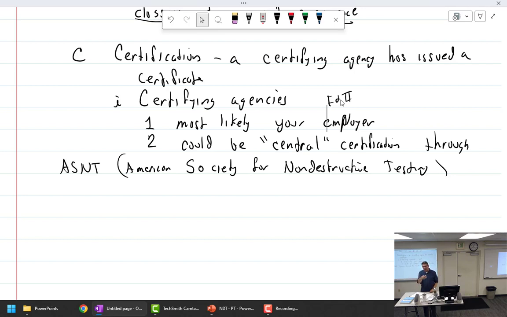They'll say, okay, level 2, you're going to do this at 2,000 amps wet continuous AC, or this is how you set up your machine. They have the ability to read and interpret data and write procedures. You as a level 2 follow procedures and train the level 1. The level 1 holds your coffee cup and wipes the beds down of the Magnaflux machine.